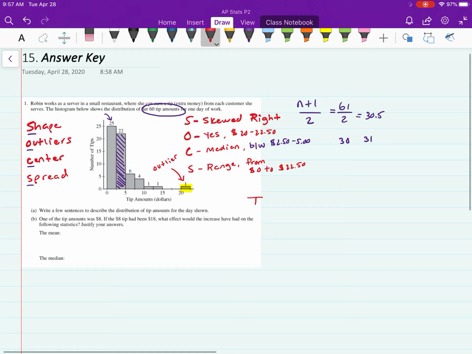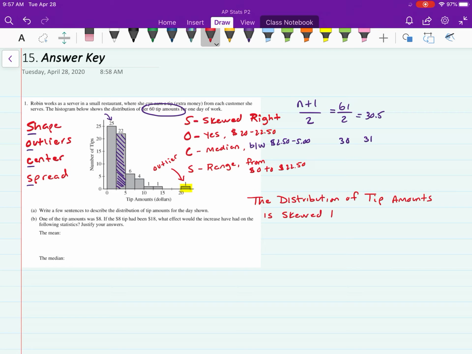All right, so there I talked about the shape, and I also discussed context. It's about tip amounts. Now we're going to discuss outliers.